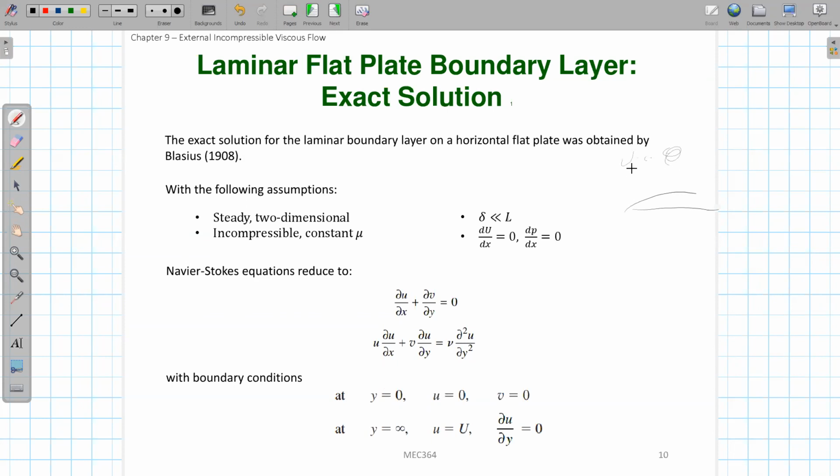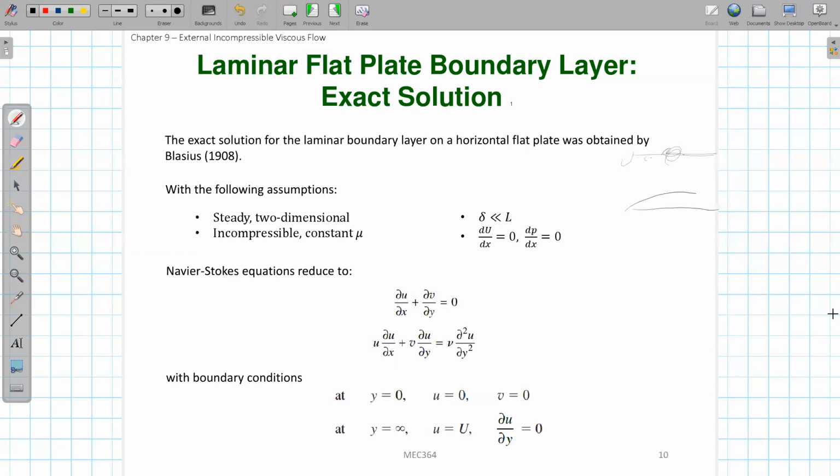U is not changing in the x direction on the outside, and the pressure gradient dp/dx in the x direction outside of the boundary layer is also not changing.